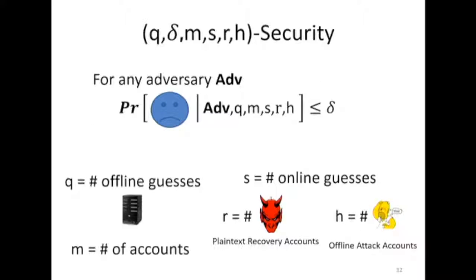And this looks like alphabet soup, but throwing all the parameters of the game on one slide, we say that a scheme is (Q, delta, M, S, R, H)-secure if the probability that the adversary wins this game, given all the parameters, is at most delta. Here, Q is the number of offline guesses, M is the number of user accounts, S is the number of online guesses that the adversary can try before he gets locked out, R is the number of plaintext passwords that the adversary gets to observe, and H is the number of password hashes that the adversary gets to observe.